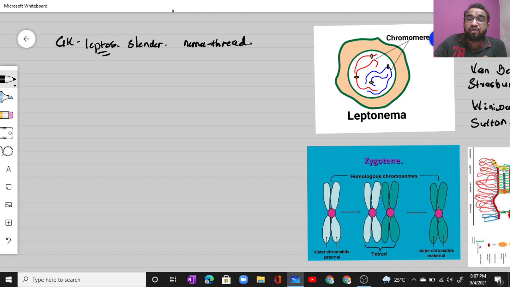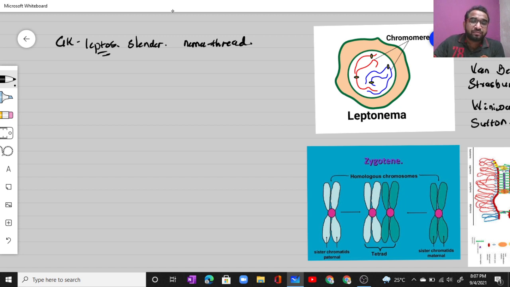Now in the prophase of mitosis, if you remember, there are two phases in the prophase. One is early prophase, late prophase, where the nuclear membrane starts disappearing, the other organelles inside the cytoplasm start disappearing, the nucleolus disappears slowly, and the centrioles travel towards the opposite poles, and they will start the production of the spindle fibers, right? But that is yet not going to happen now in the leptotene stage.